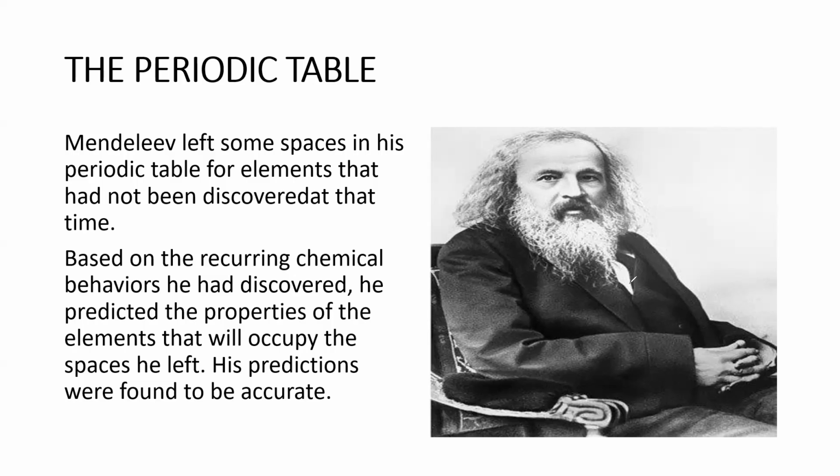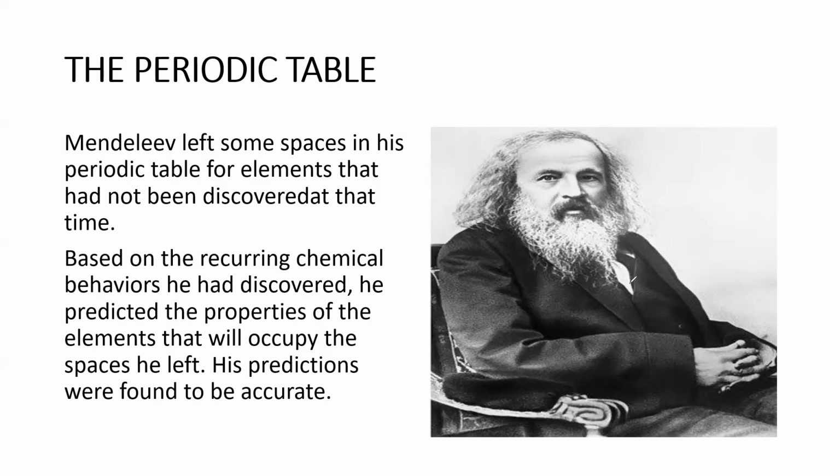But there were some gaps in his periodic table, elements that had not been discovered. He didn't know what these elements were, but he was able to predict that any element that will be found to fit into this position will have the same or similar properties as the elements that are already discovered.